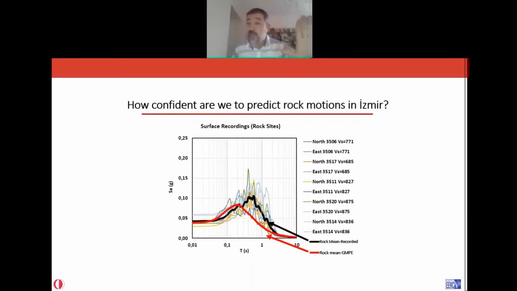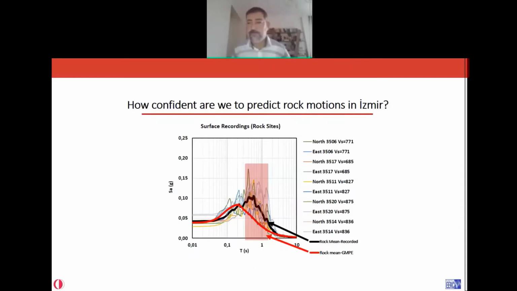So this is something that we don't expect. And remember, that is the period range of most of our buildings that collapsed there. I'm just talking about rock sites yet. So this is an unusual behavior as we don't anticipate this in a general sense.